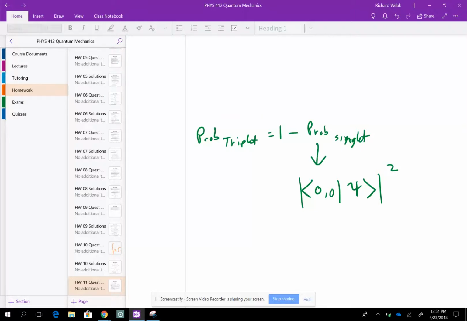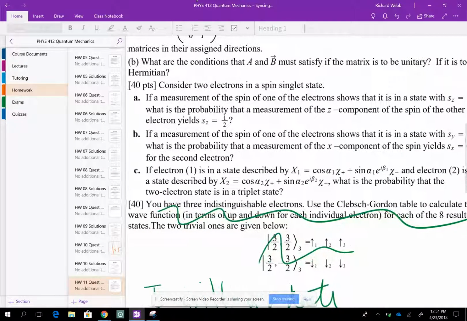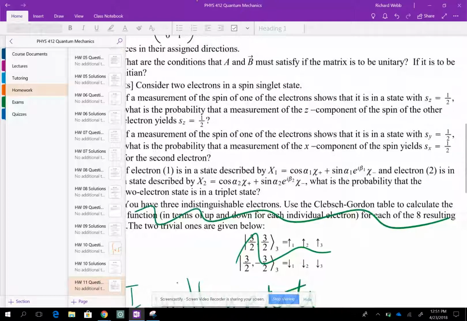That mod squared would be the probability of being the singlet state. And then are you using psi 1 and psi 2? So this is the state for electron 1. This is the state for electron 2.